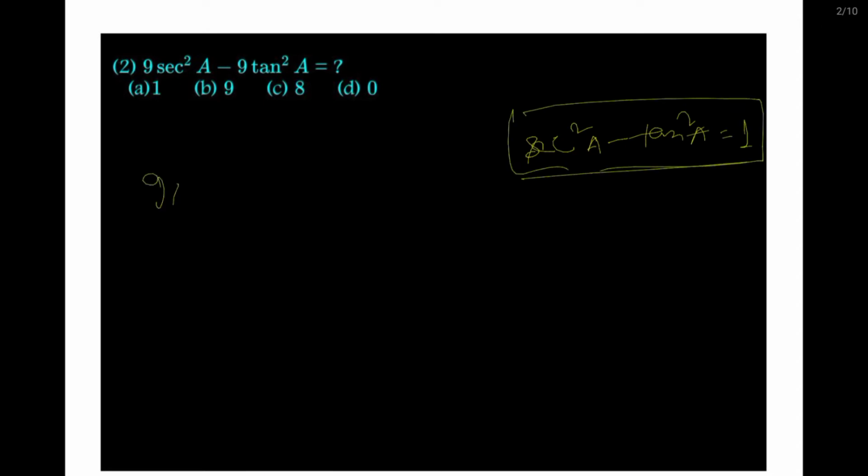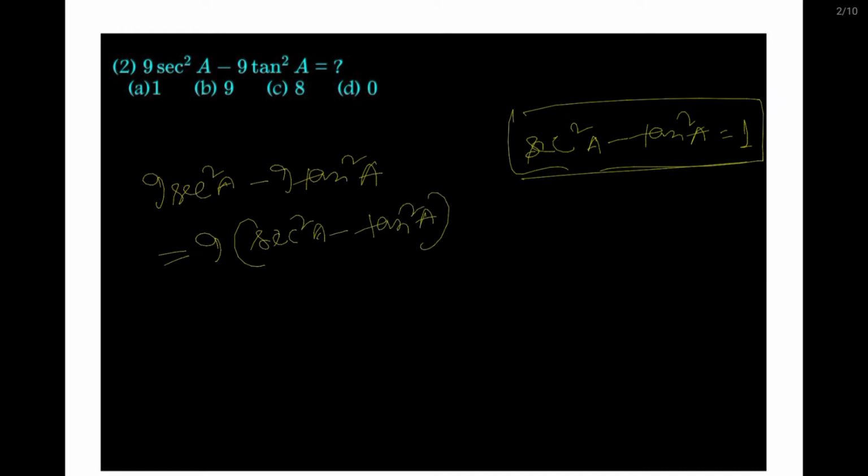So 9 sec square A minus 9 tan square A. If we take 9 as common and take it out, we'll get 9 into sec square A minus tan square A, and this whole quantity is equal to 1, so it will be 9. This is the correct answer, option B. So that's all for this question.